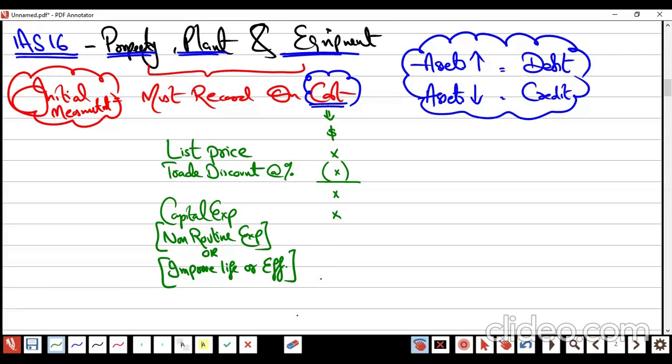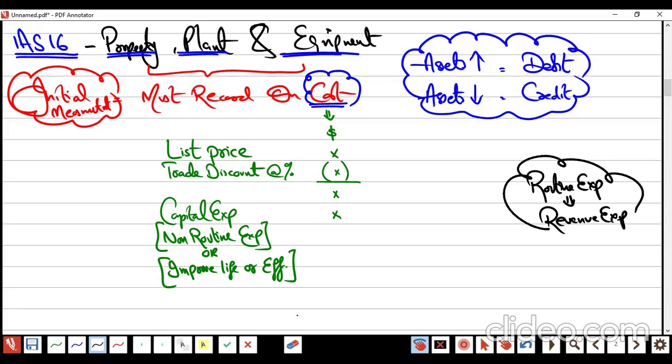Like I will say repair. Tell me, repair is one time or again and again? You have to do some repairing every now and then, so that is not a capital expense, correct? So we used to say routine expenses are known as revenue expenditures, right?